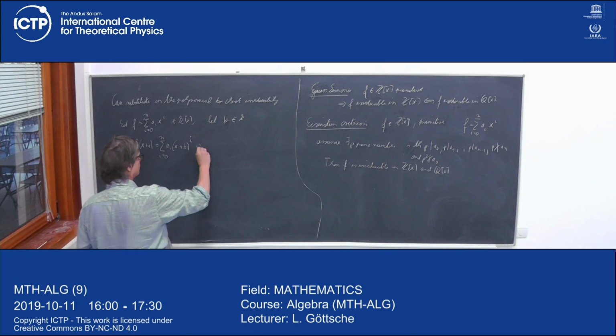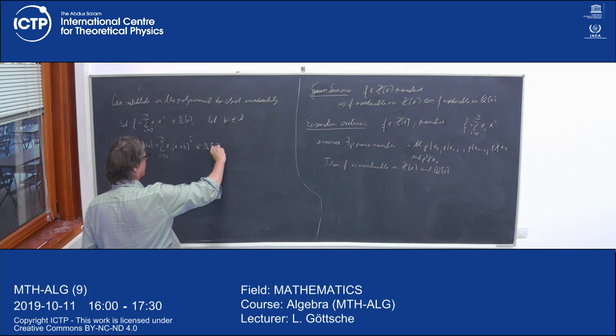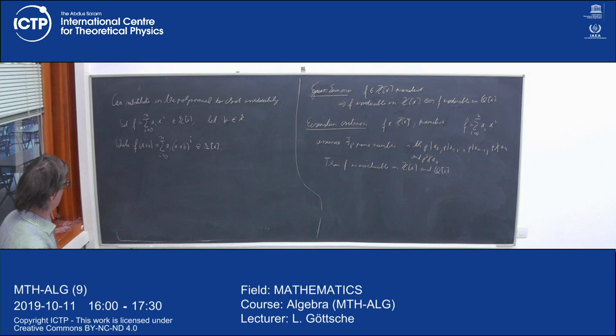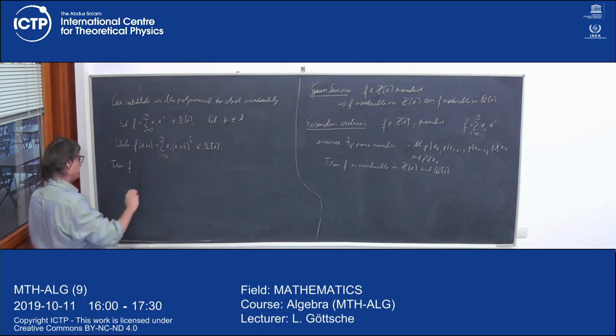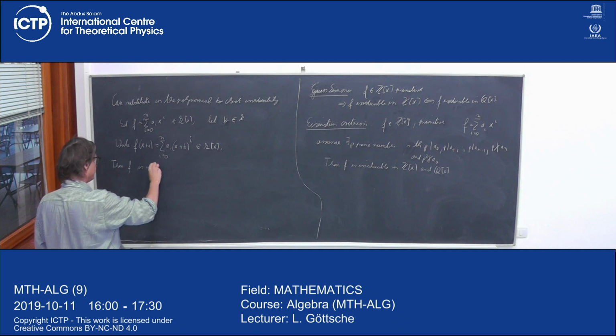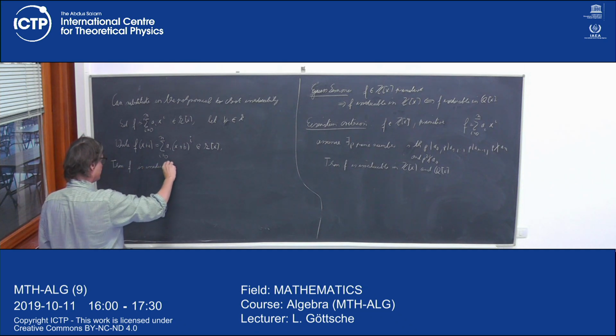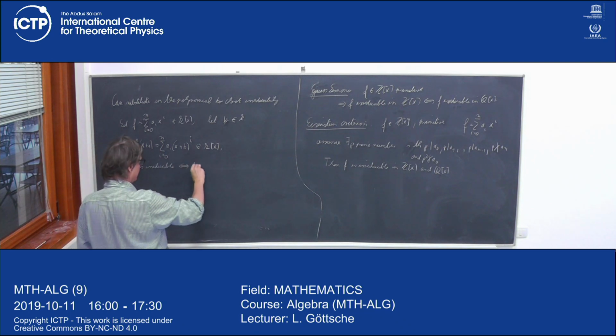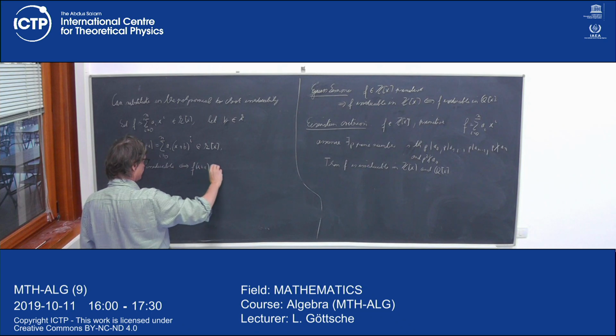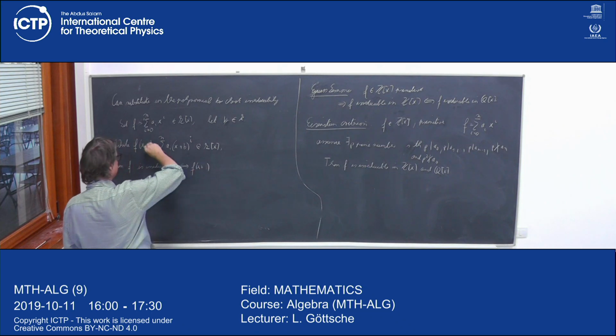Okay, so this is also an element of K[x]. Then it is clear that the original f is irreducible if and only if f of x plus b is irreducible.